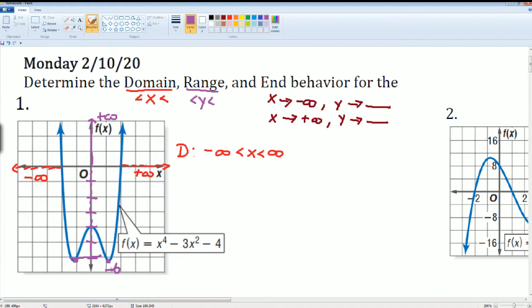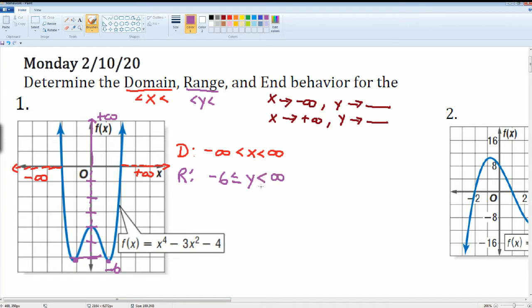This is at -6. So for your range, we start with the smallest value. The smallest value here is -6. And that exists. Does it include -6? Yep, this means it includes -6 for the y. And it goes all the way to positive infinity. Please note, it is just this symbol.